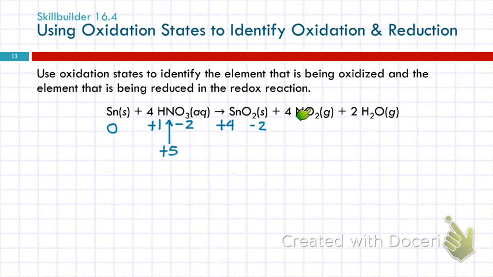Here we have NO2, F 765. Fluorine, nope. Hydrogen, nope. Oxygen. Oxygen gets to be minus 2. What does the nitrogen have to be? Plus 4. The coefficients here have nothing to do with it. You're just looking at the compound formula.